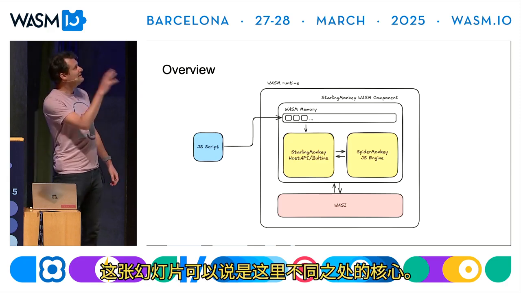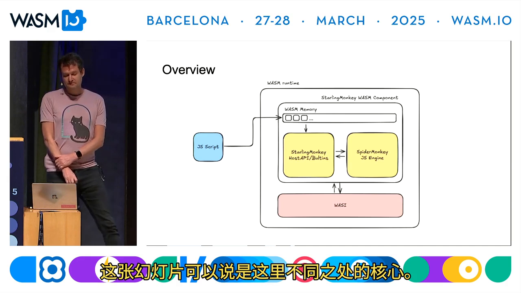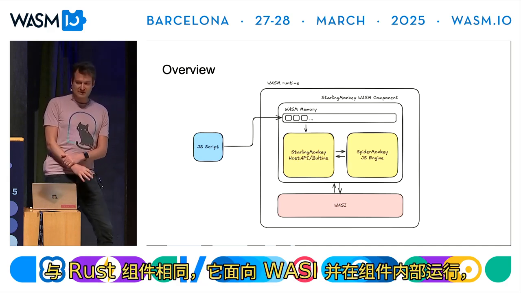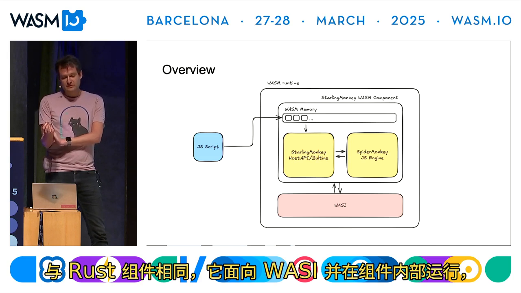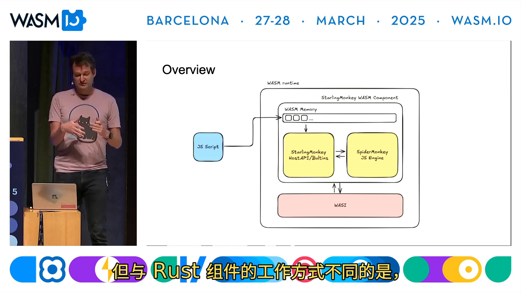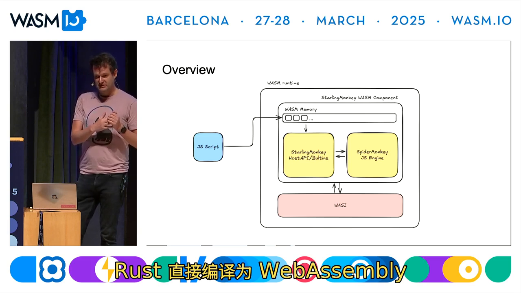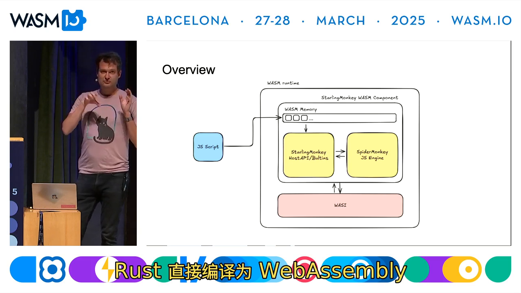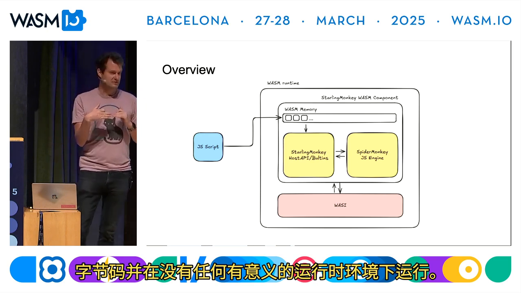And this slide is kind of at the heart of what's different here. So same as with the Rust component Ralph demoed, it targets WASI and runs inside of a component. But as opposed to the way the Rust component worked, Rust compiles to WebAssembly bytecode directly and runs without any meaningful runtime.